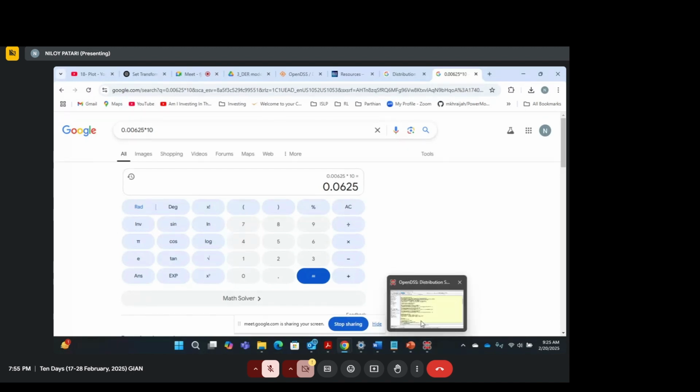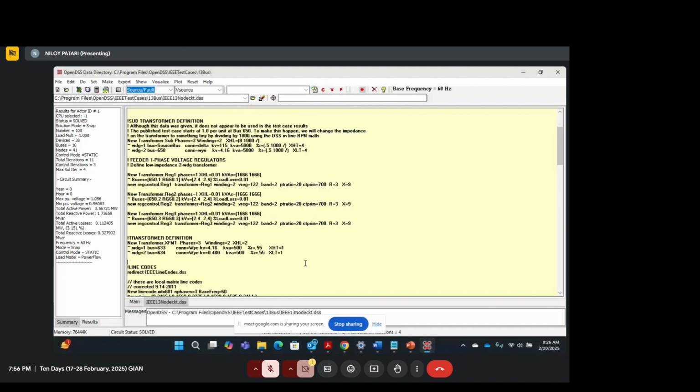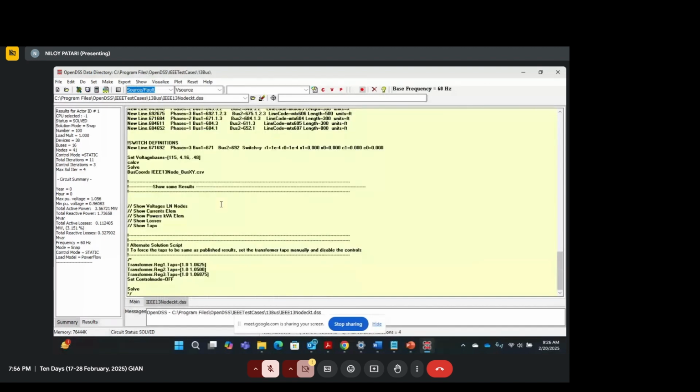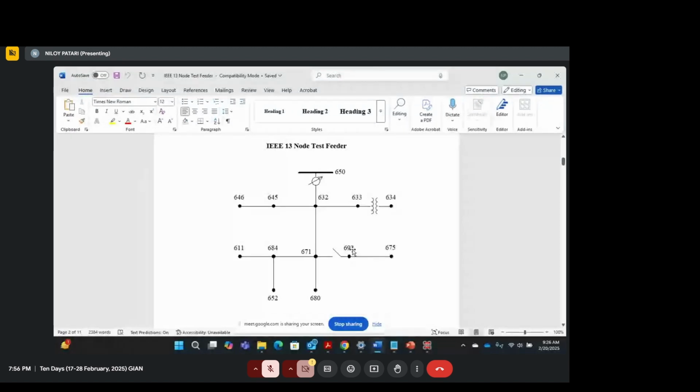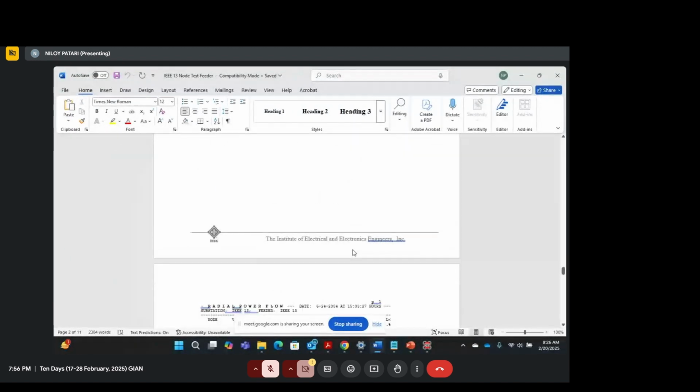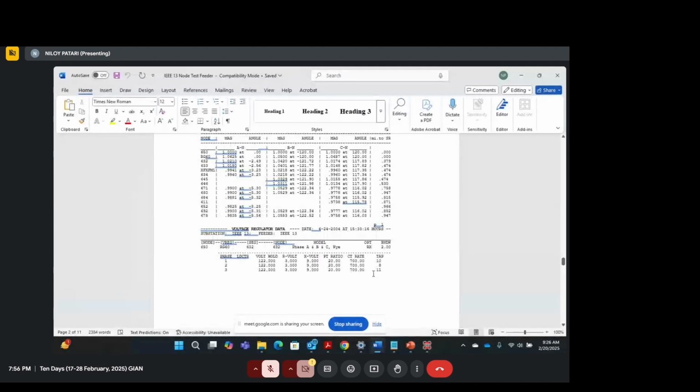Now, let's do one thing. You remember that in the docx file we had these power flow results, right? And the power flow results say that you have to keep the tap positions at 10, 8 and 11.